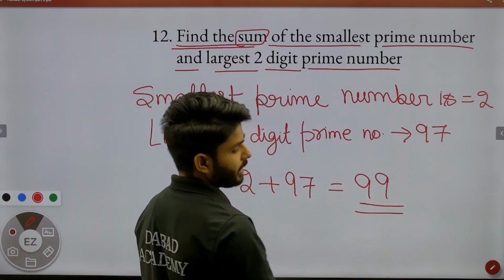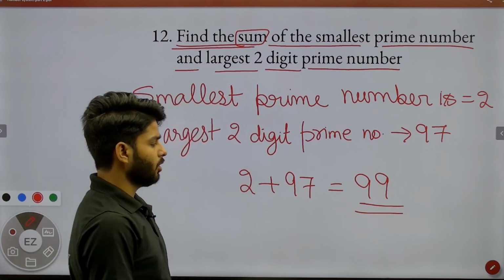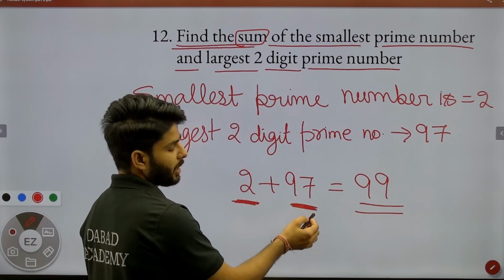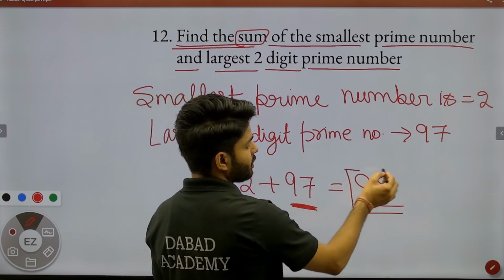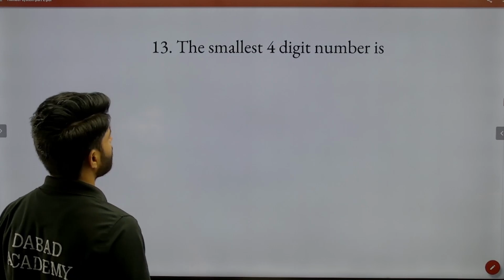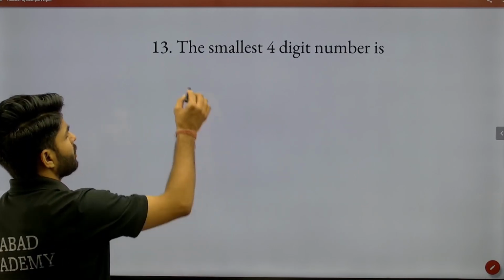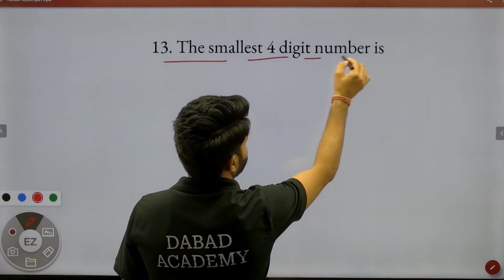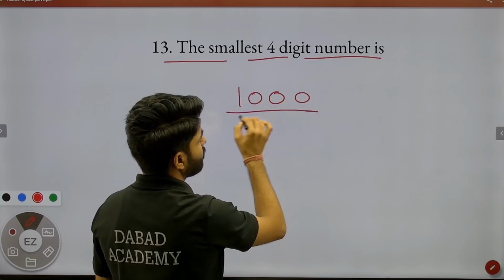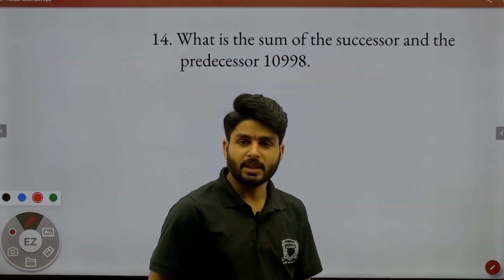So 99 is the right answer, which is also the largest 2-digit number. Question number 13: the smallest 4-digit number is, and we already know the smallest 4-digit number is 1000.